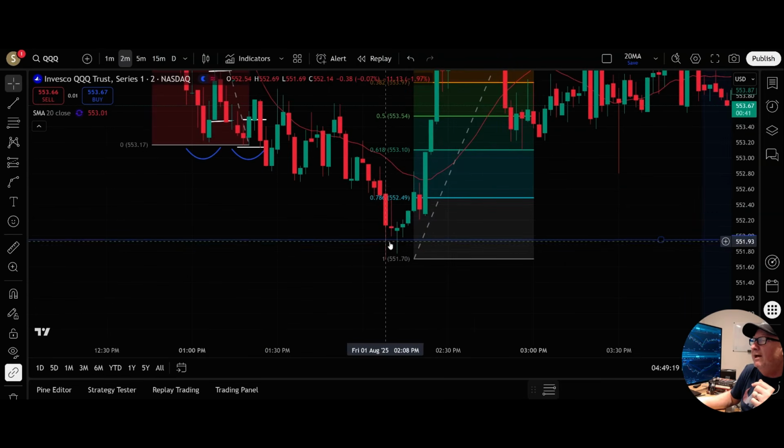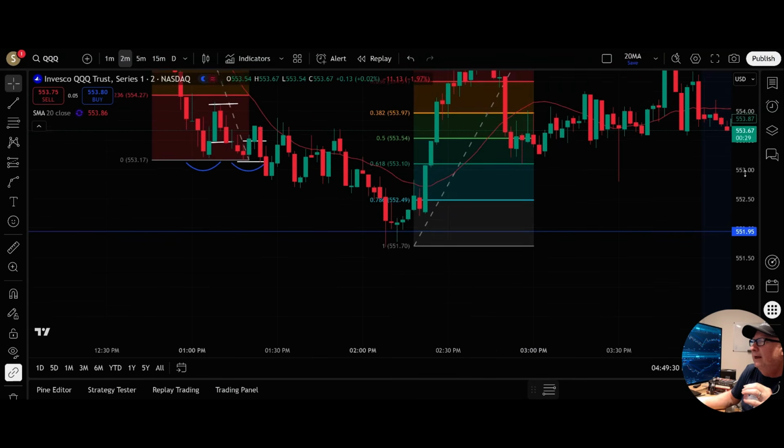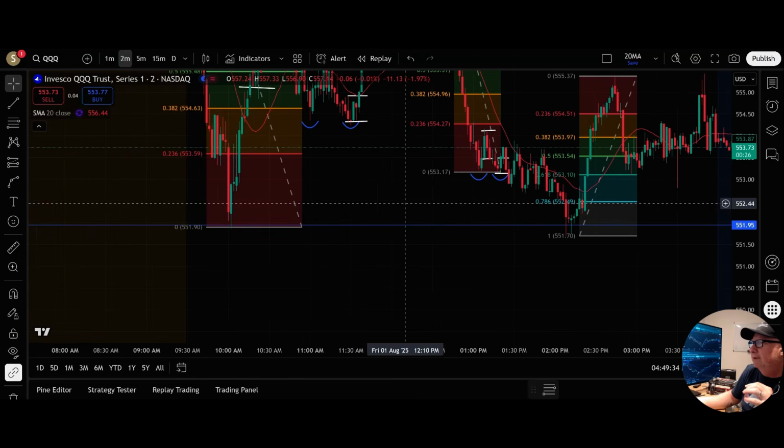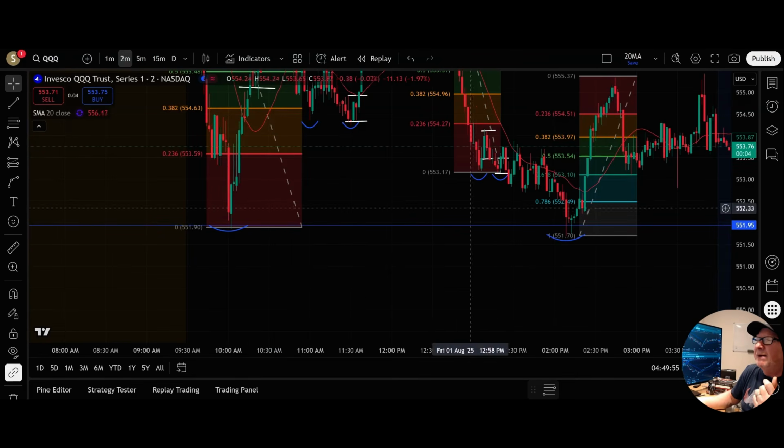Here's my blue line, my 552 area blue line, and look at what happens at that, again, critical 15-minute support. I'm going to make this a little bit smaller so we can look at this. And what do we have here? Another double bottom.